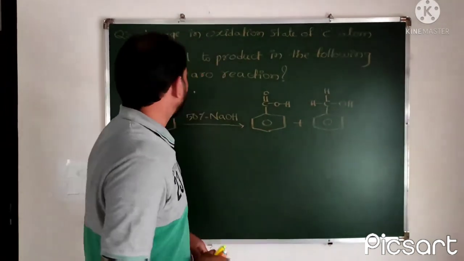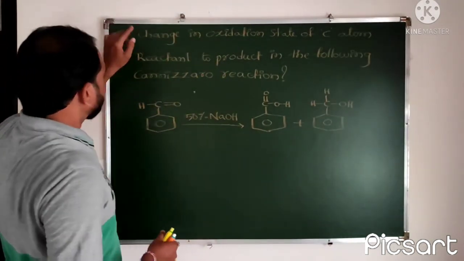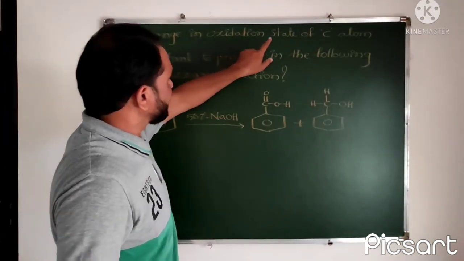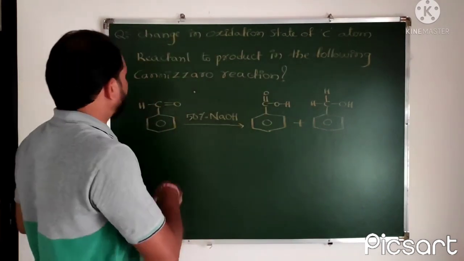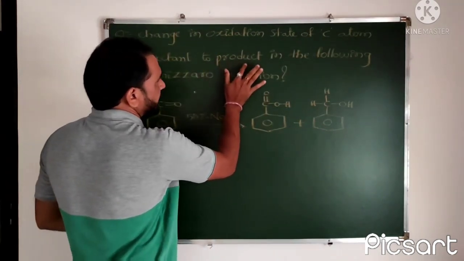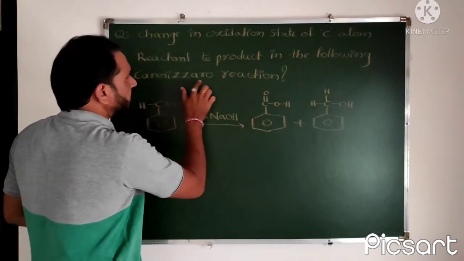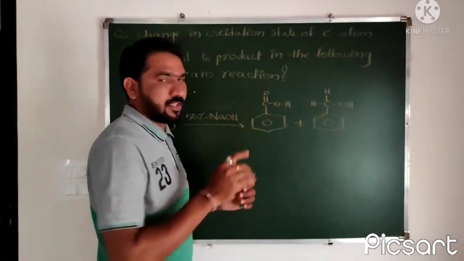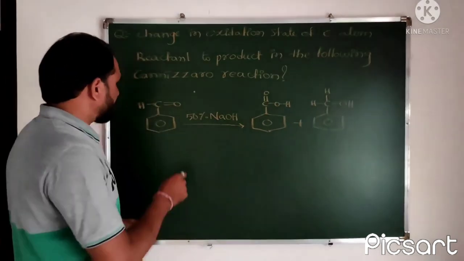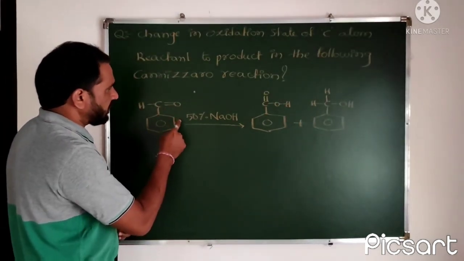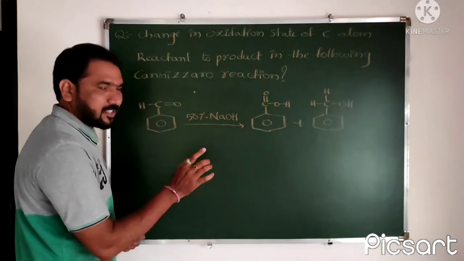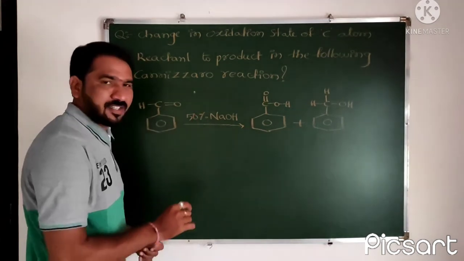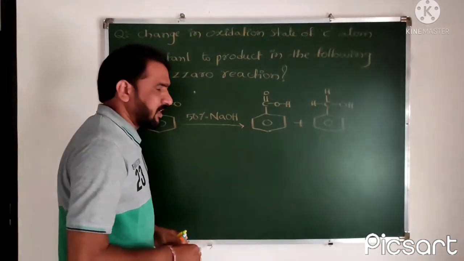Okay, coming to this question. The question is: change in oxidation state of the carbon atom from reactant to product in the following Cannizzaro reaction. So the Cannizzaro reaction is given here, right? Benzaldehyde undergoes the Cannizzaro reaction in the presence of 50% concentrated sodium hydroxide.